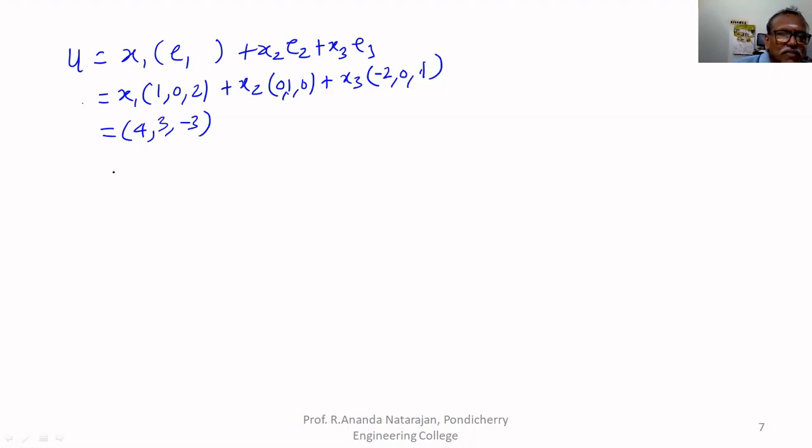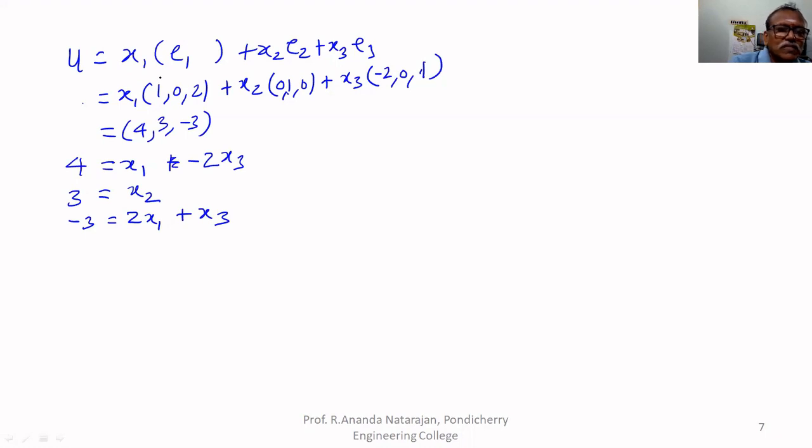Therefore, if you take this, 4 equal to x1 minus 2x3, 3 equal to x2, and -3 equal to 2x1 plus x3.